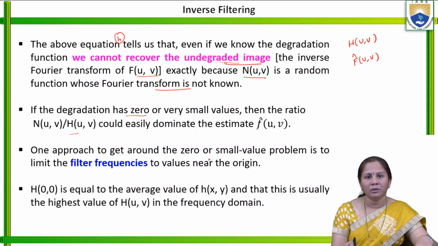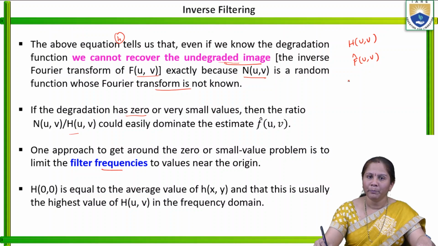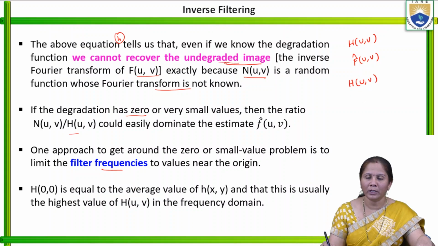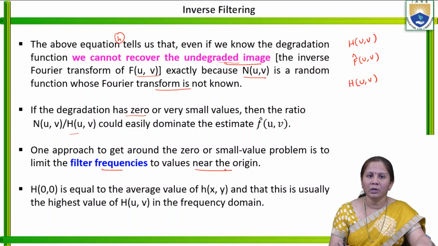So what is the next thing we have to do in order to get the estimated output? One approach to get around the 0 or small value problem is to limit the filter frequencies. So here we have the filter h of u comma v. We should not consider this as a 0 value. Some other limited frequencies we have to consider. What frequencies? They should be very near to the origin.